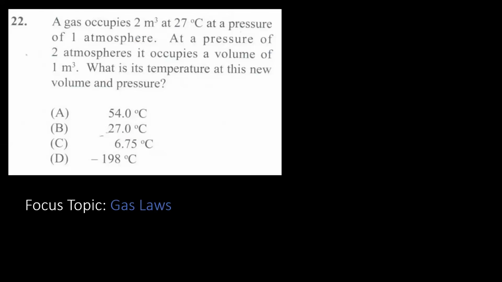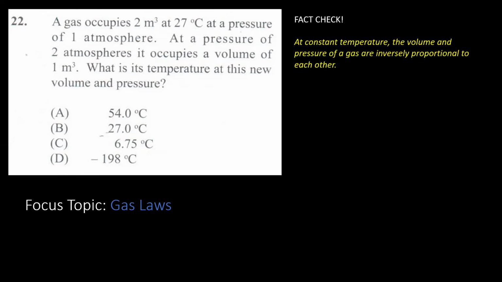Question 22 has to do with the topic of gas laws. We are given some information regarding the volume and the temperature and the pressure of a gas. And we notice that the pressure has been doubled and the volume has been halved. The only way that we can have this happening is if the temperature remains constant based on Boyle's law.